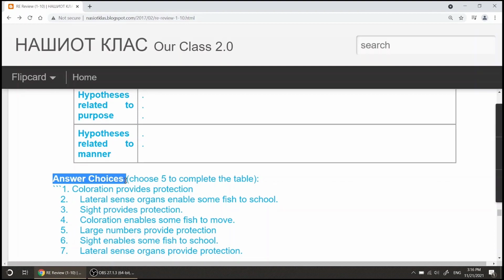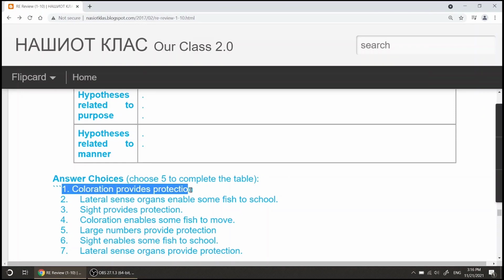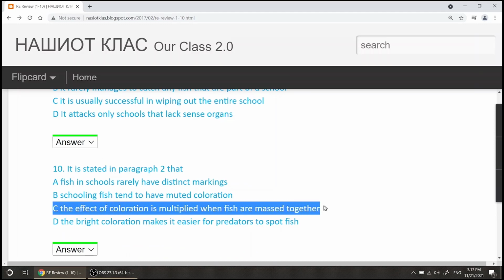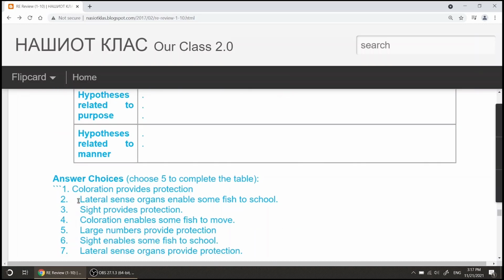Then check out the answer choices. Try to eliminate the wrong answers if you can. Number 1. Coloration provides protection. If you answered question 10 before, one of the answers is this: effect of coloration is multiplied when fish are massed together. Then you will know number 1 is correct.